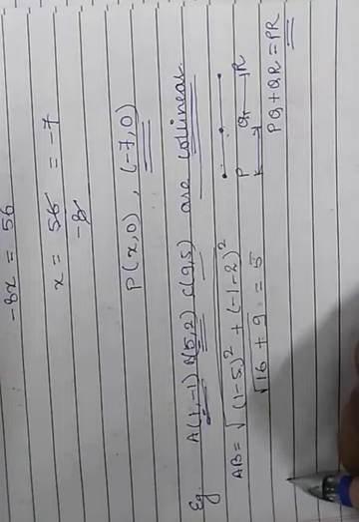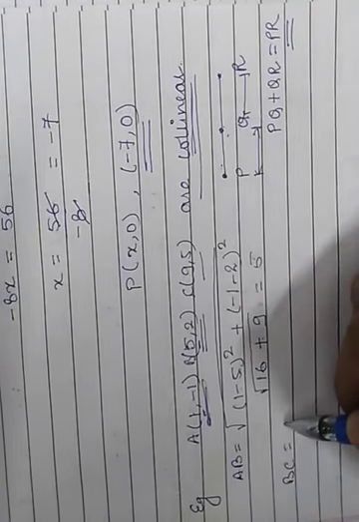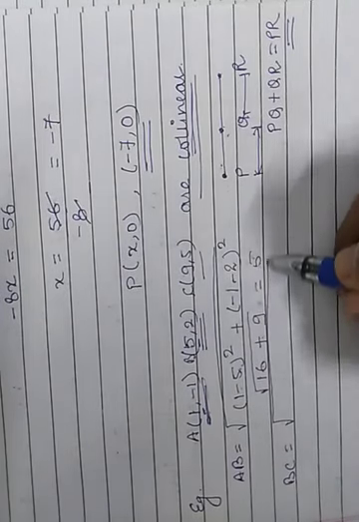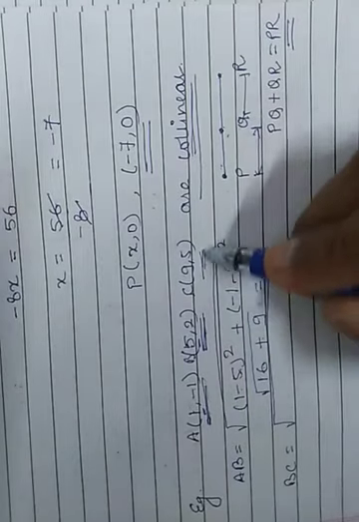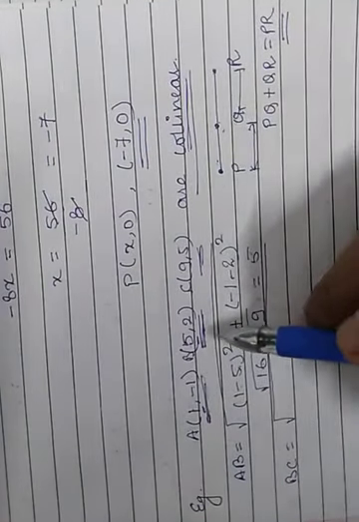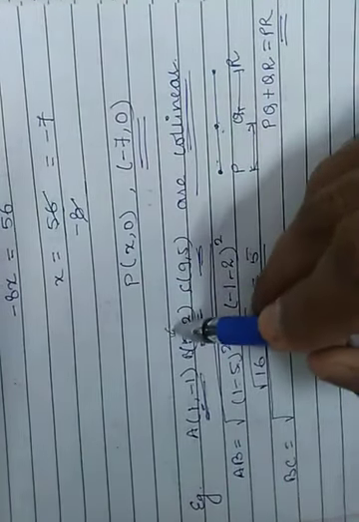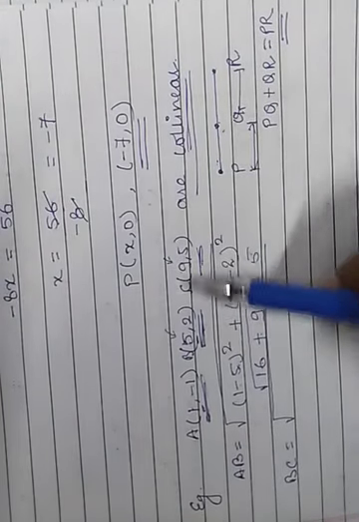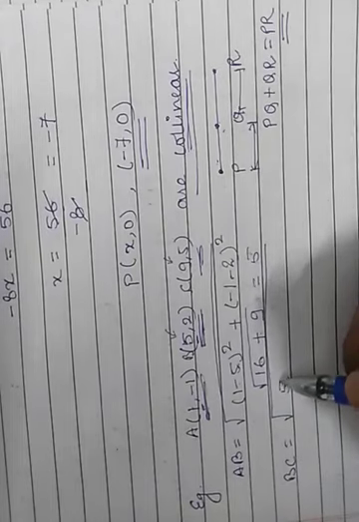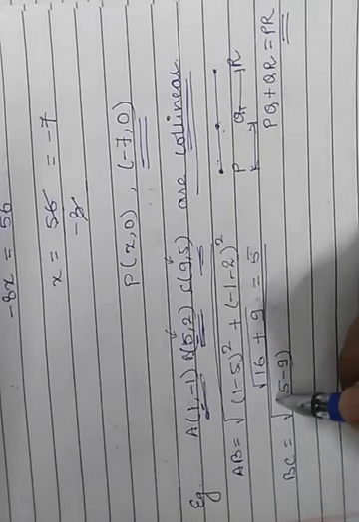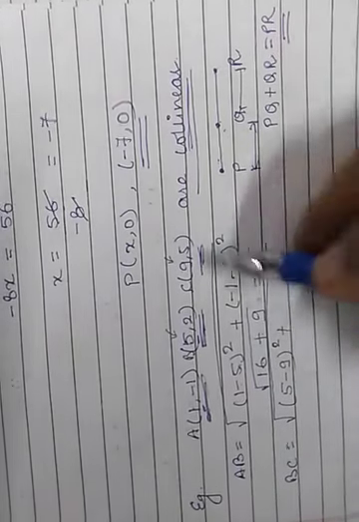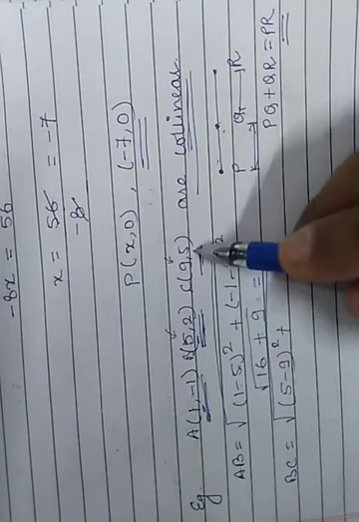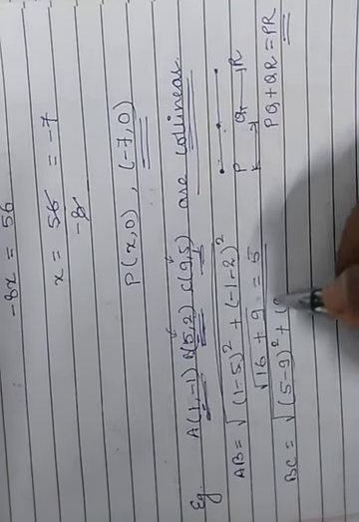Now we will calculate BC. This is B and this is C. Again the same formula, the difference of x coordinates. So here the x coordinate is 5, here the x coordinate is 9. So 5 minus 9 squared, plus the difference of y coordinates, 2 minus 5 squared.